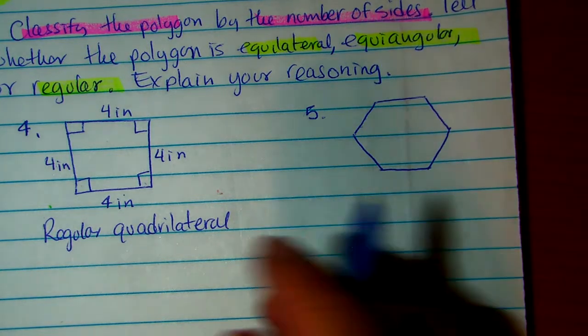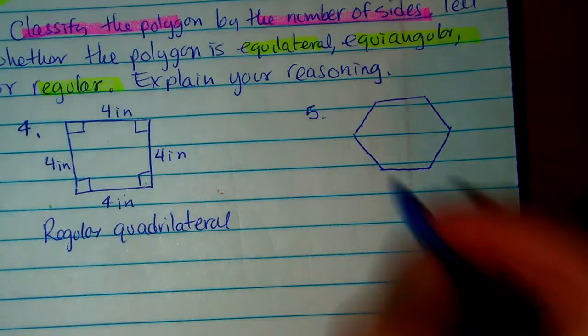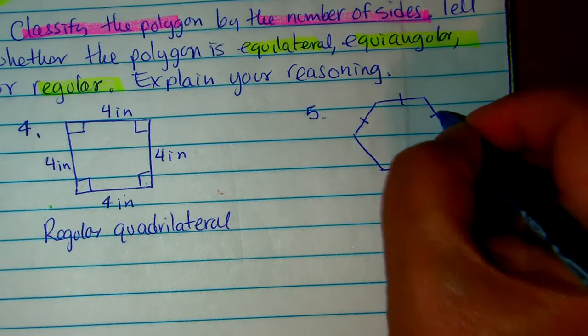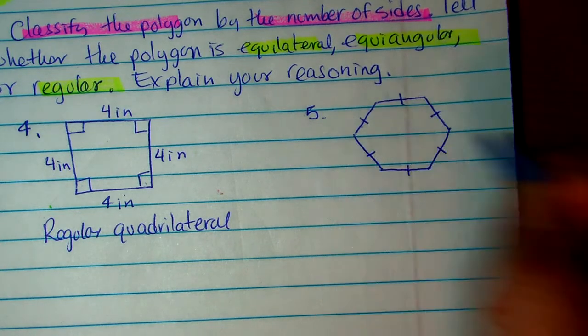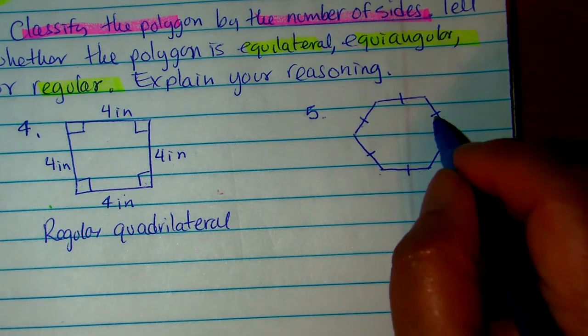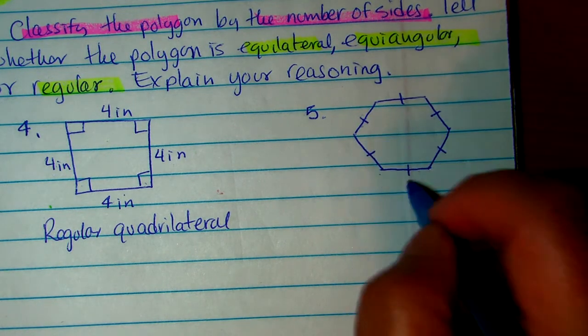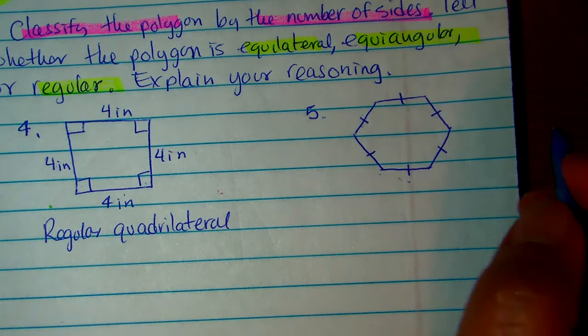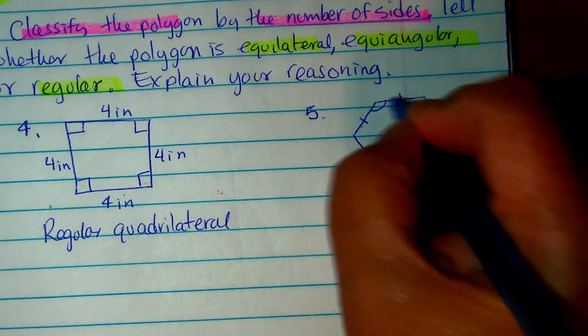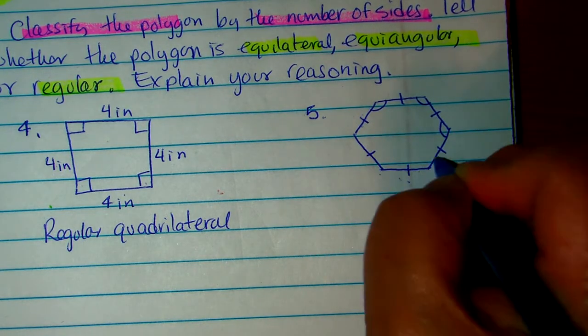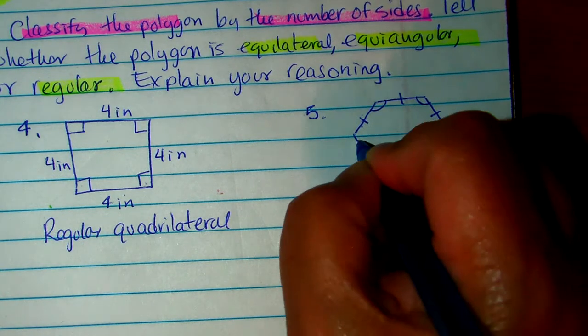I'm going to copy the information that they're giving us. They're giving us these symbols. Each of the sides has only one line segment, which means that all of the sides measure the same. And then we have this, this, this, this, and this.